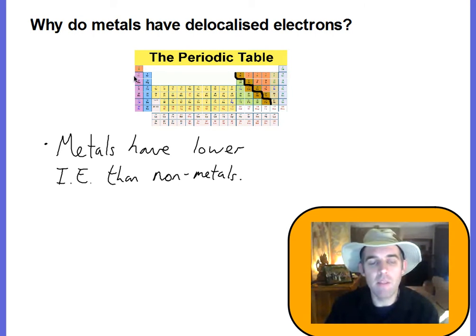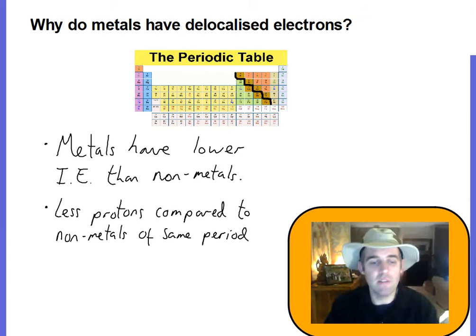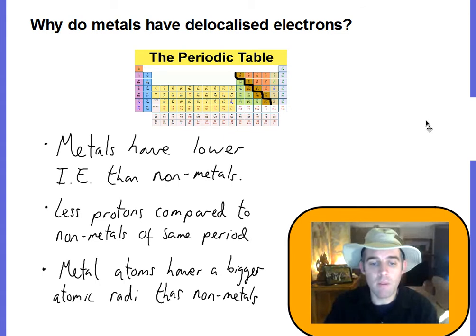If you think about it, the metals are all on the left-hand side of the periodic table. As we go across a period, the ionization energy increases because we get more protons in the nucleus for the same amount of shielding. All the metals lie on the left-hand side of that period, so they have lower ionization energies. The reason is that they've got fewer protons compared to non-metals of the same period.